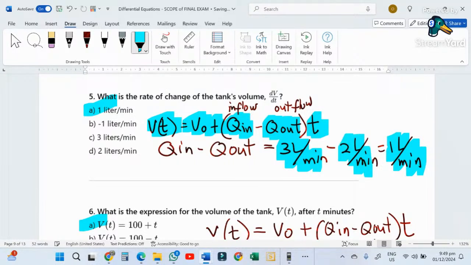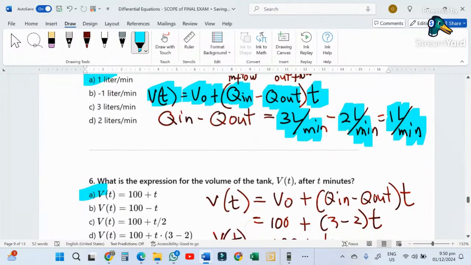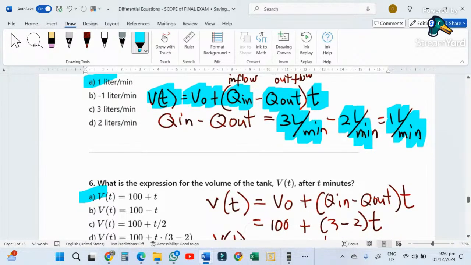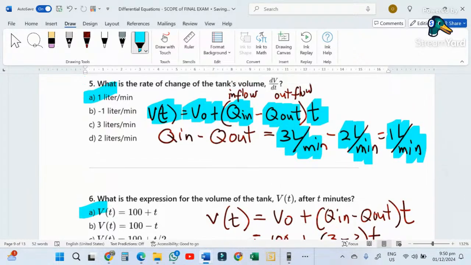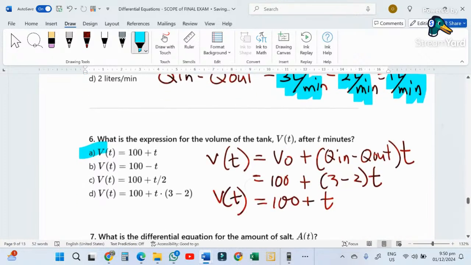So 3 minus 2 will be 1 liter per minute, Q in minus Q out. That is the rate of change of the tank volume. That's the only thing you're going to consider for that particular solution: just Q in minus Q out.